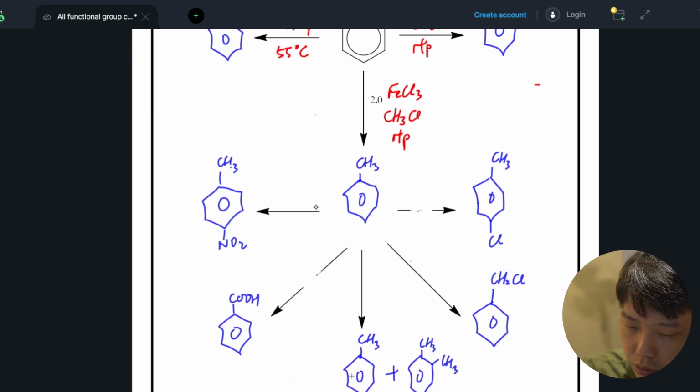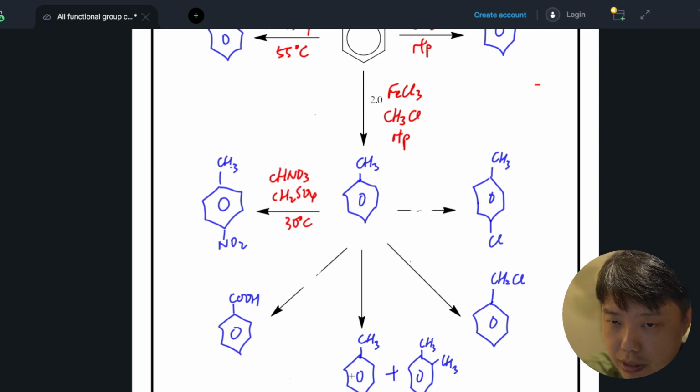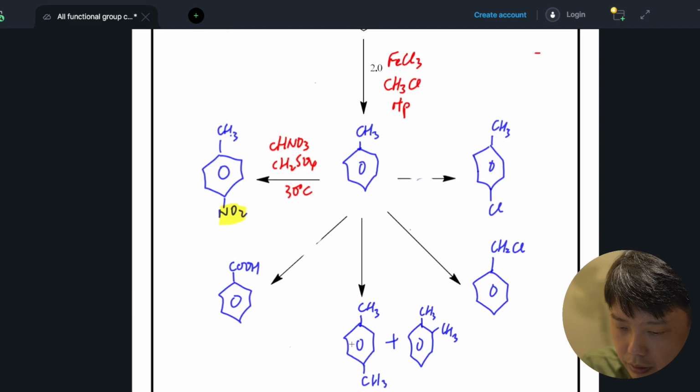Now to do nitration on methyl benzene, which is slightly activated, I am going to use concentrated nitric acid and concentrated sulfuric acid, but at 30 degrees, a reduced temperature because it is activated, directed to the 4th position, because of the 2,4 directing methyl group. Methyl group is always going to direct to the 2 and 4 positions. Please take note.